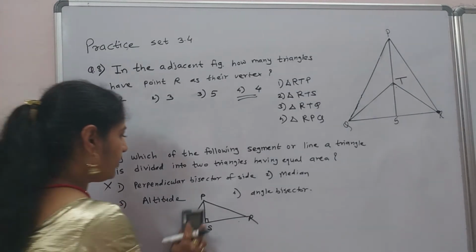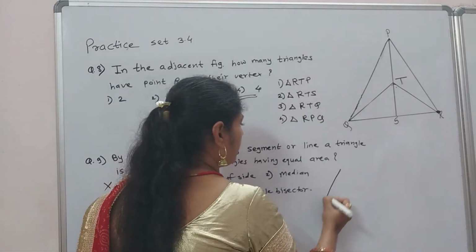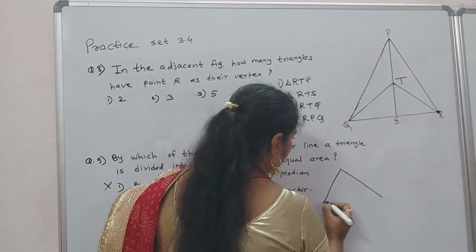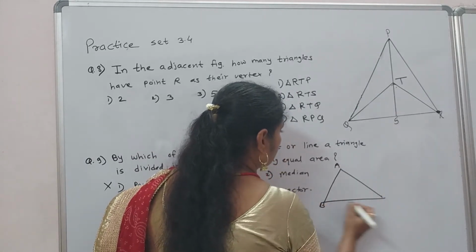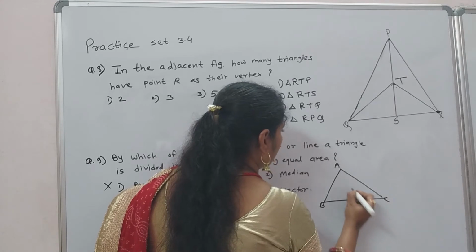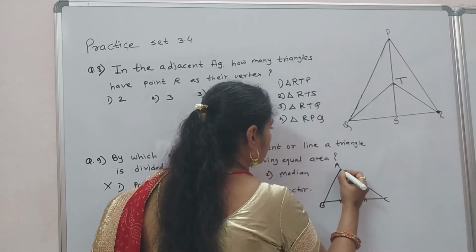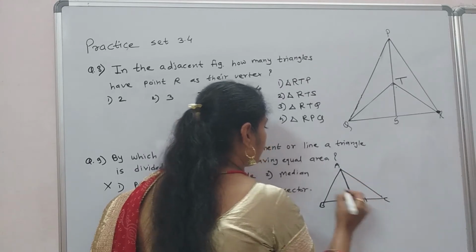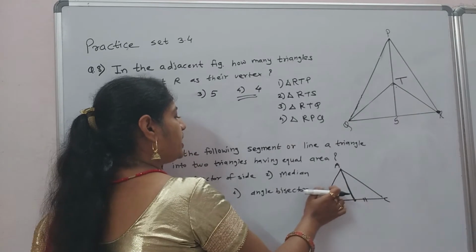Number 2, the median. What is meant by the median? Median is the segment joining the vertex and the midpoint of the opposite side. These two sides are equal and this is the median. Look at the figure: these two areas are equal.